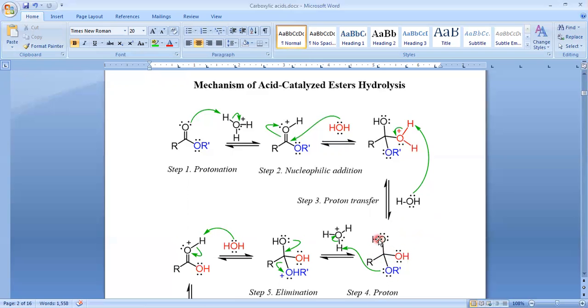Why? Because these are two electronegative groups very near to each other, and because we already have one bulky alkoxy group, there is steric hindrance between them. These molecules readily lose one water molecule.